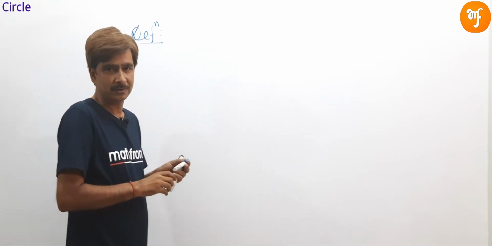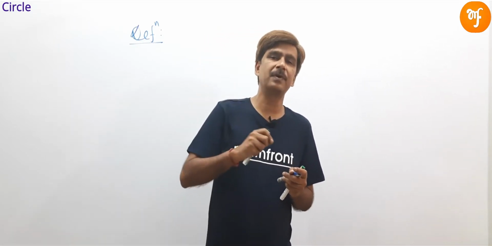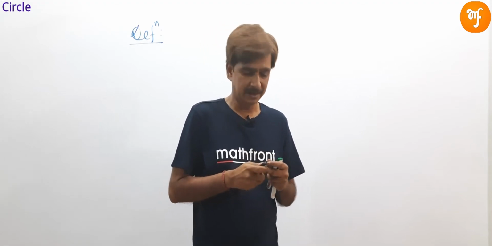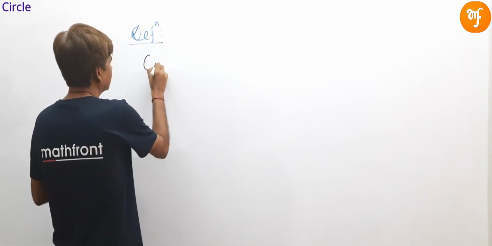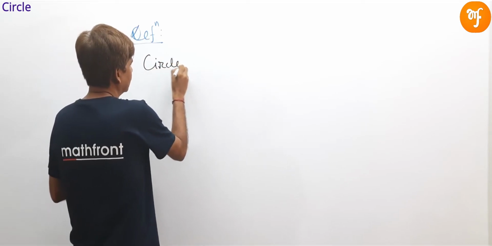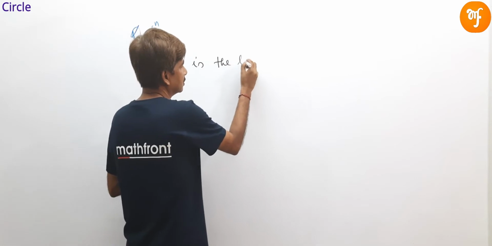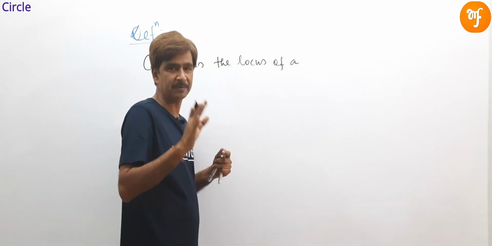We all know circle is the locus of a variable point whose distance from a fixed point is always constant. Isn't it? So what is a circle? Circle is the locus of a variable point.